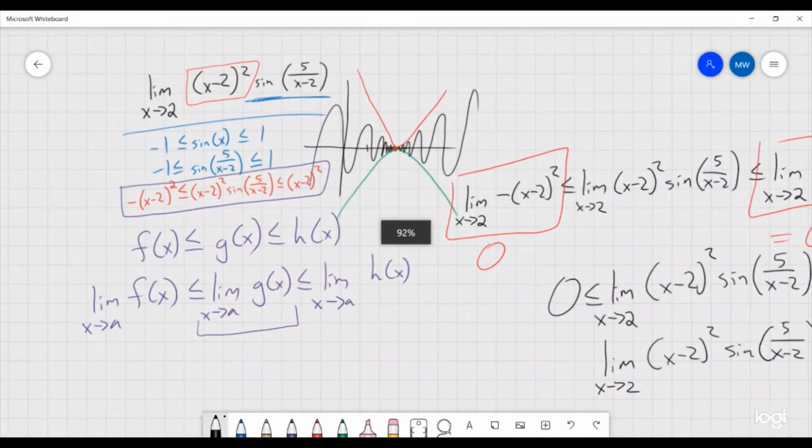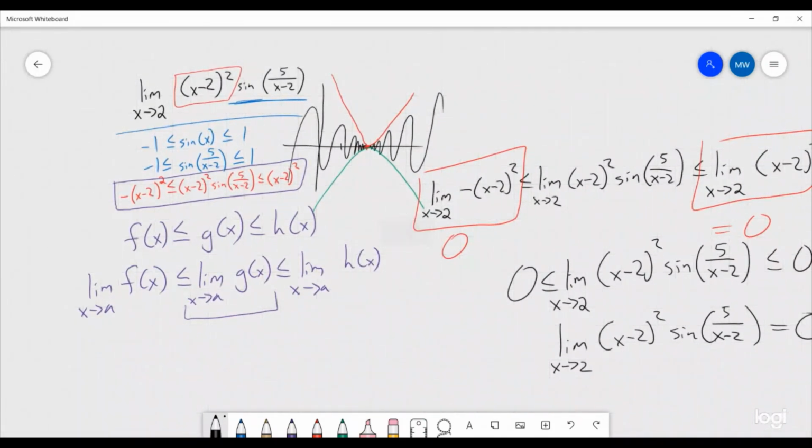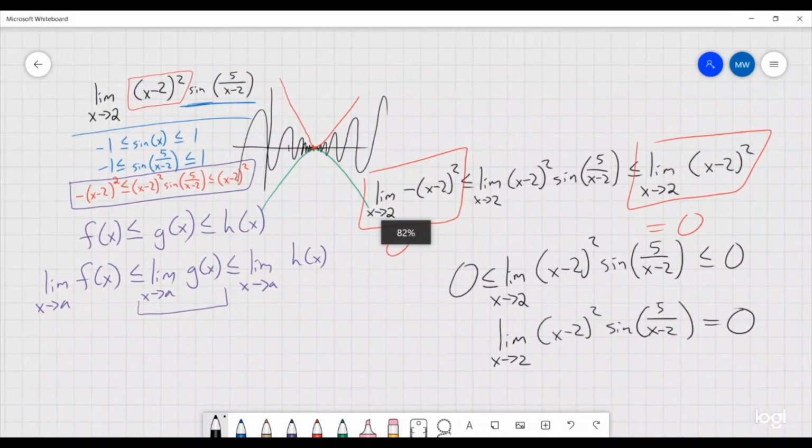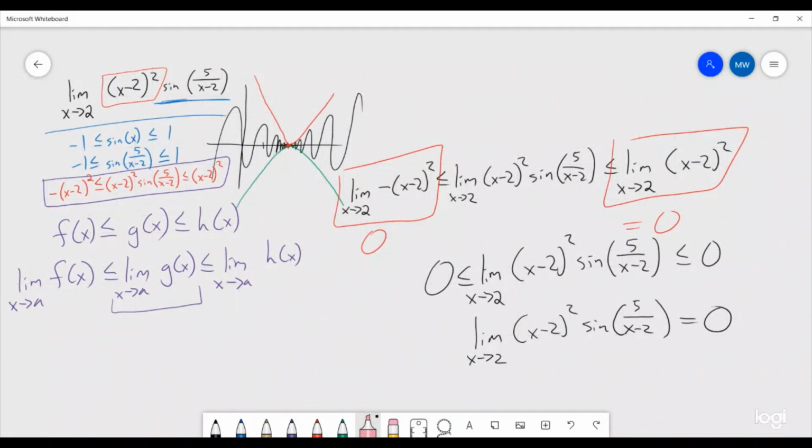Now, the only thing that got really confusing and can sometimes be a bit tricky is this part right here. When we are multiplying everything by some function, we have to be multiplying by something that's always positive. We can't multiply by something that's negative, because the inequalities are going to switch. And so that is the challenge that we have to deal with sometimes with these sorts of things.